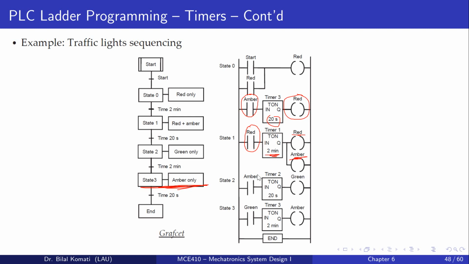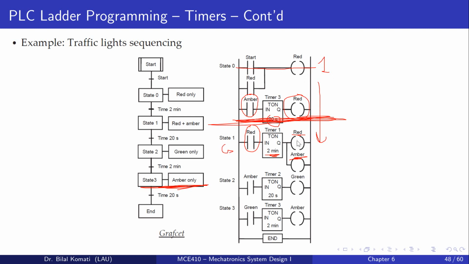Now once amber is activated, we have passed this condition. The condition will not be executed because we cut it off, because amber was initially off. So first we executed this one, number 1, and then we jump to state 1.